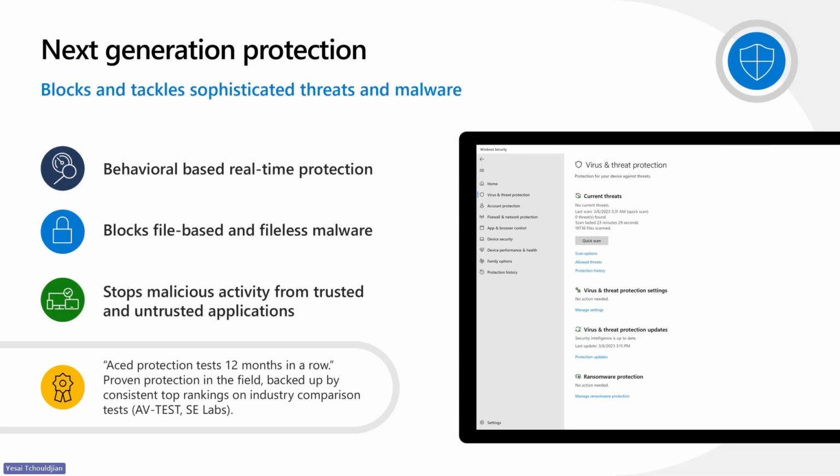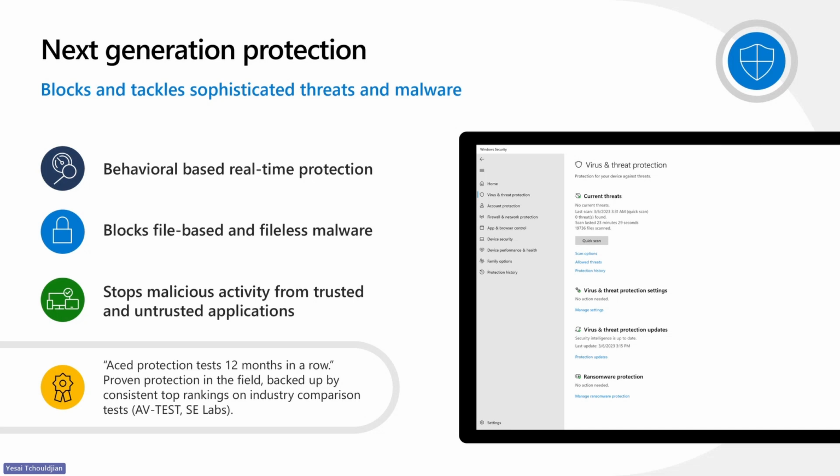Having protection and scheduled scans is great. But what if there's active malware that just got installed on your machine? You clicked on a link and something ran that you weren't aware of, maybe a PowerShell script, maybe file-based or fileless. It can basically protect you in real time. That's the core capability of it.